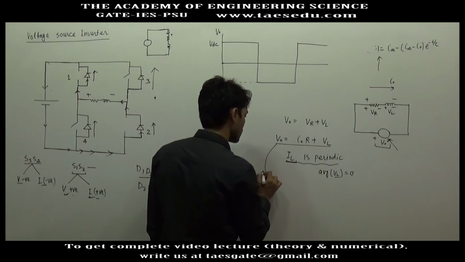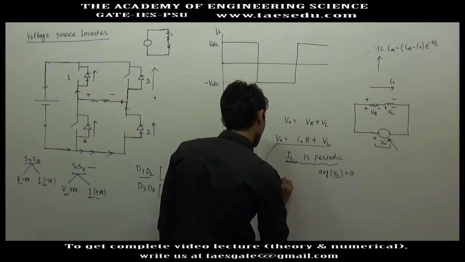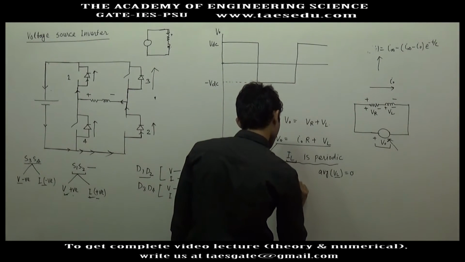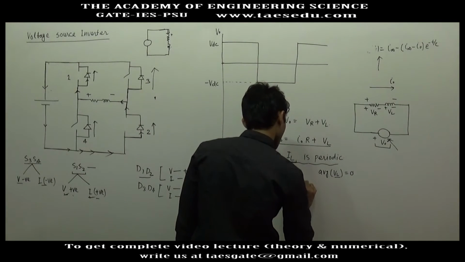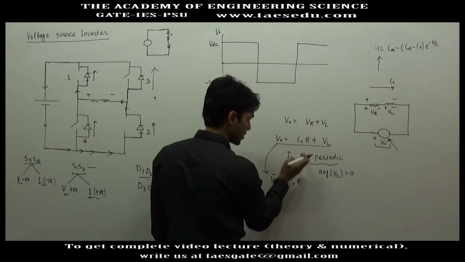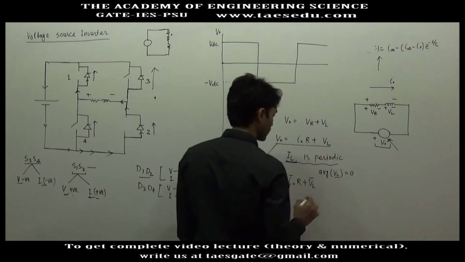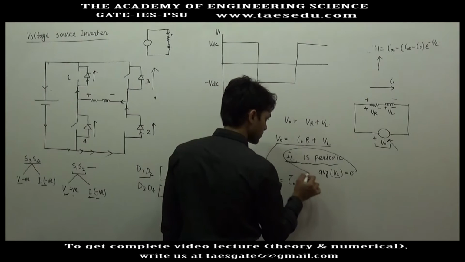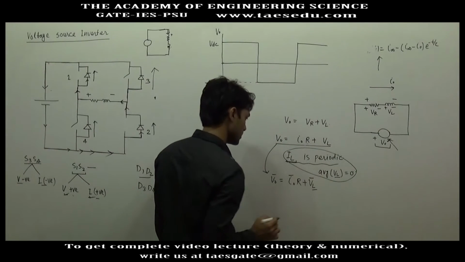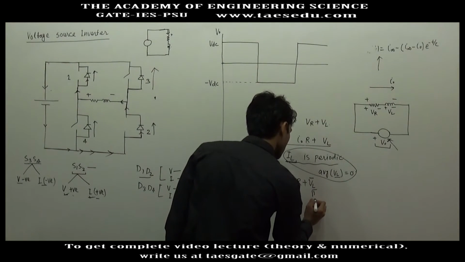So apply average both sides. V naught average will be I naught average into R, because R is constant, plus VL average. And with the help of flux balance, average inductor voltage is 0. So this quantity is 0.